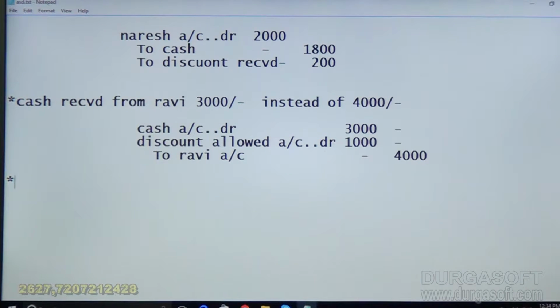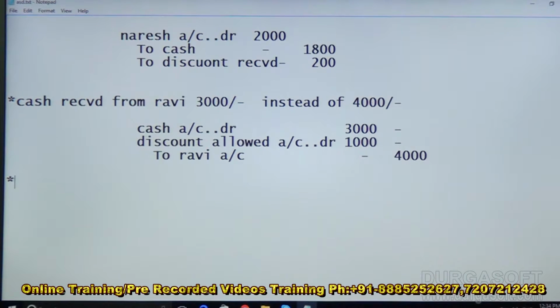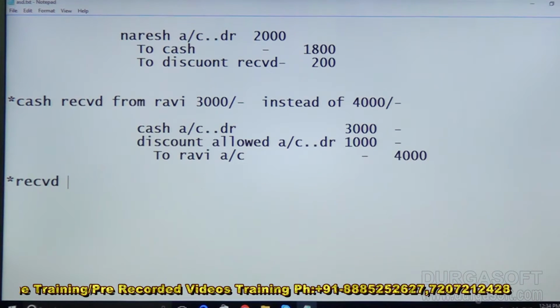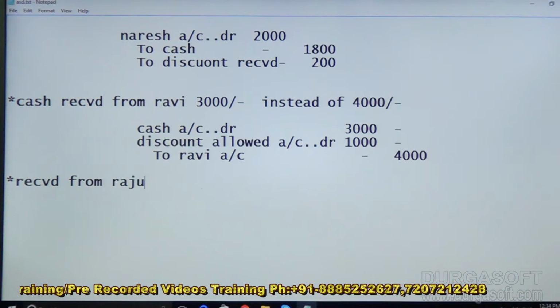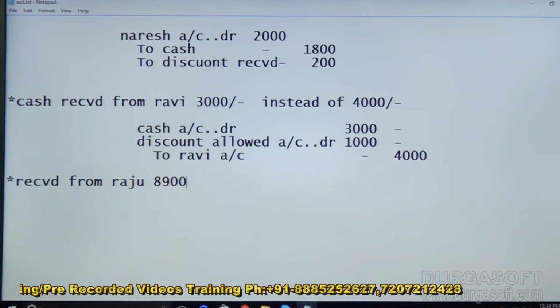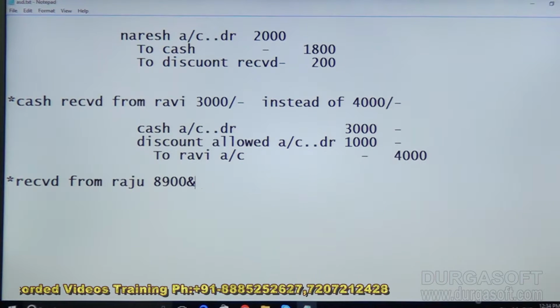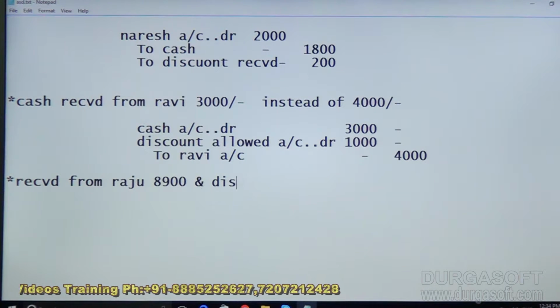And next, received from Raju 8900 and discount allowed.